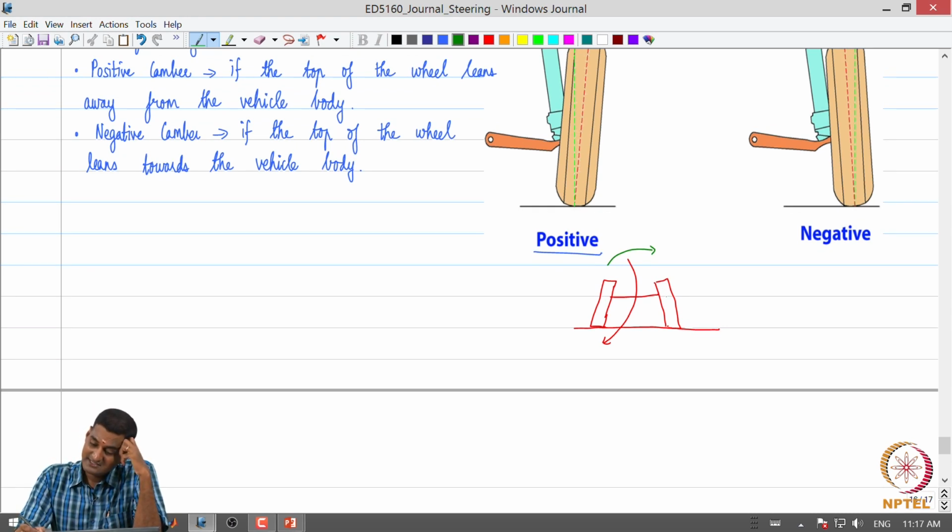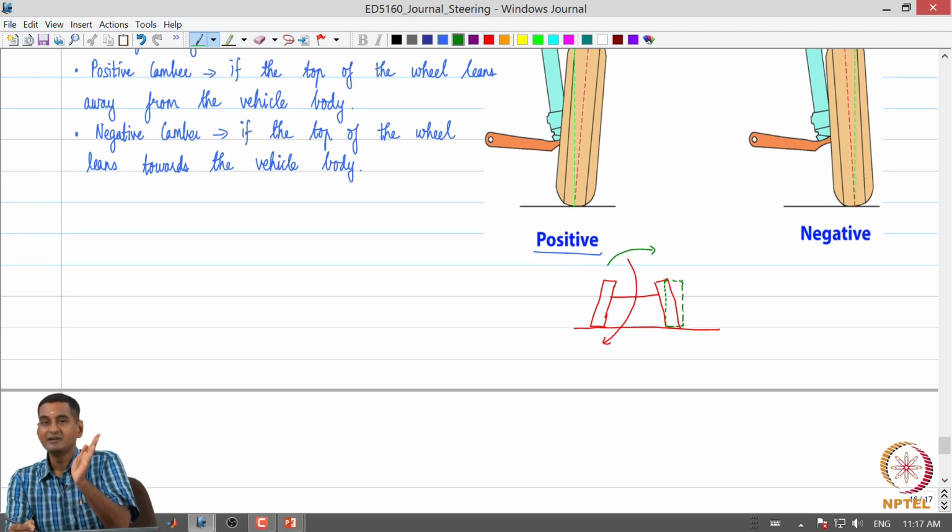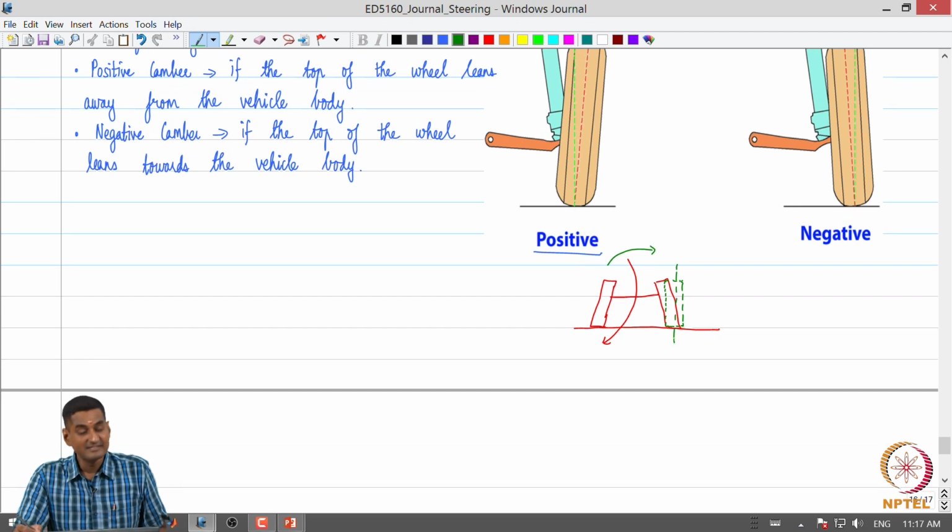Now, with this higher negative camber, as the vehicle rolls outwards, this wheel will be almost made vertical, or it will just shift closer and closer towards the vertical axis, so that when the vehicle is taking a turn, there will be a good contact between the tire and the road interface.